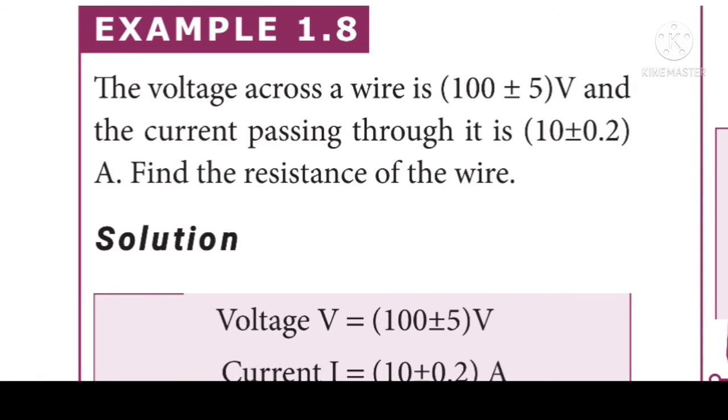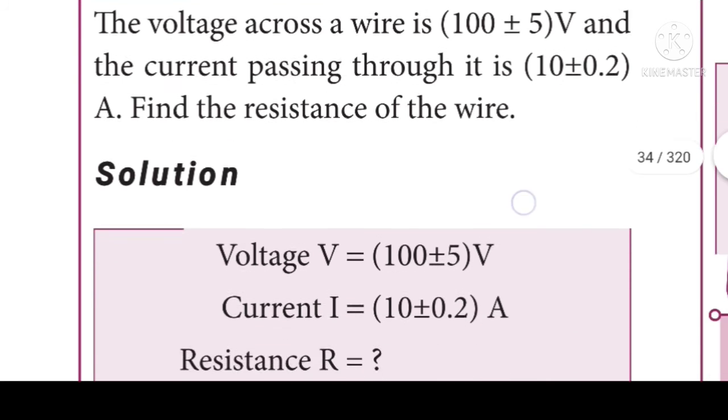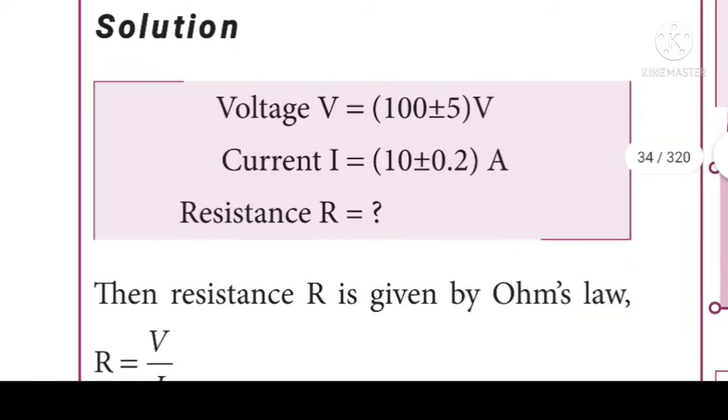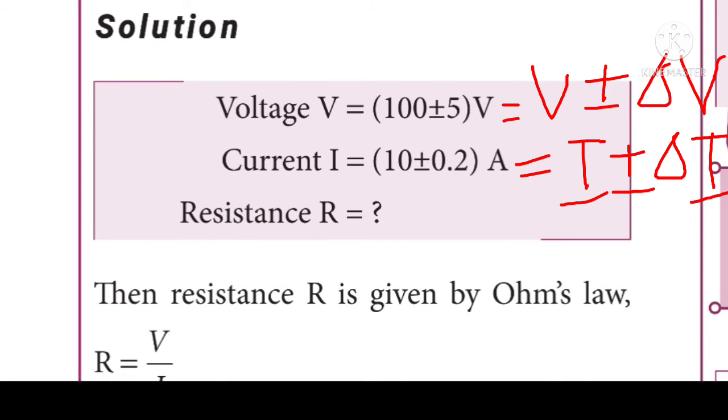Look at this example. The voltage across a wire is 100 plus or minus 5 volt and the current passing through it is 10 plus or minus 0.2 ampere. Find the resistance of the wire. Look at the solution. The readings are given in the form of error. So the error form of voltage can be written as V plus or minus del V, which is equal to 100 plus or minus 5 volt.